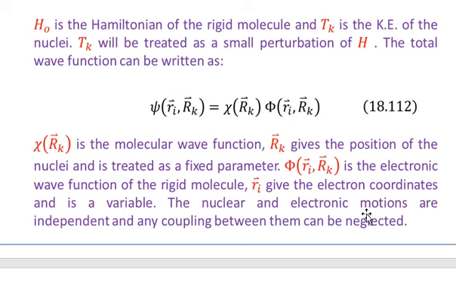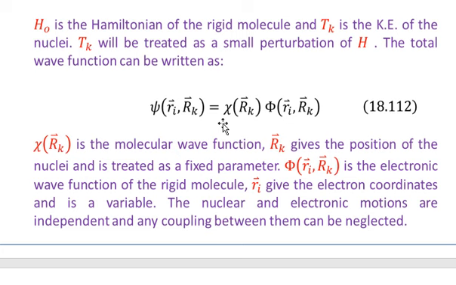The nuclear and electronic motions are independent and any coupling between them can be neglected. That's why they have been separated into two parts, chi of Rk and phi, because there is no interaction between the two parts and they can be treated as independent quantities. So the nuclear and electronic motions and their corresponding wave functions are independent, and any coupling between them can be neglected.